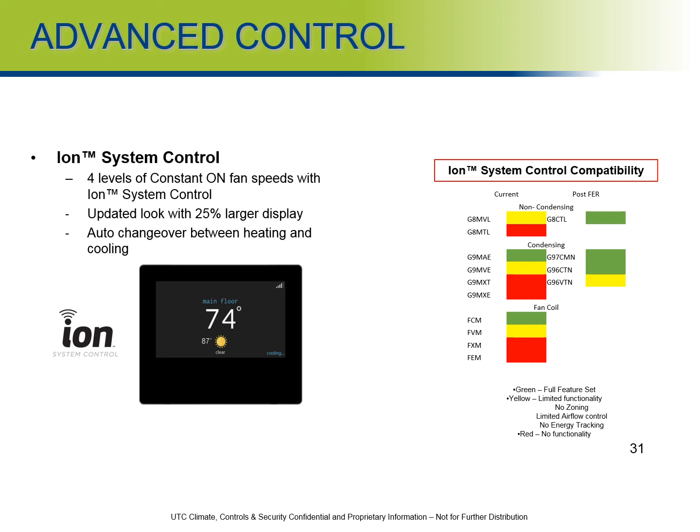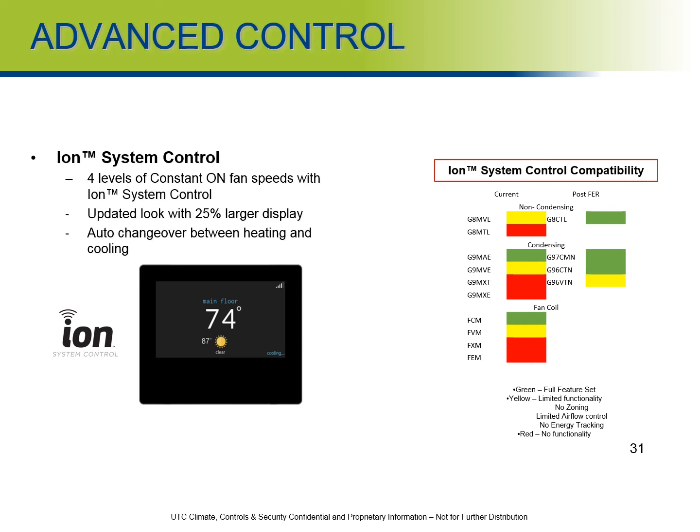So the chart on the right shows the compatibility of furnaces with the ion control. As you can see, everything that's marked in green is full feature set with the ion control, all of which contain a communicating motor in the furnace.